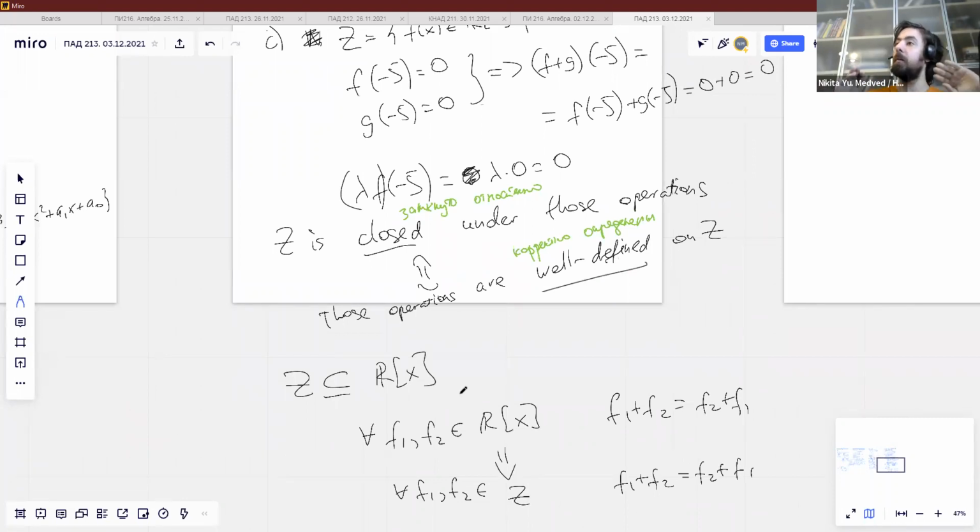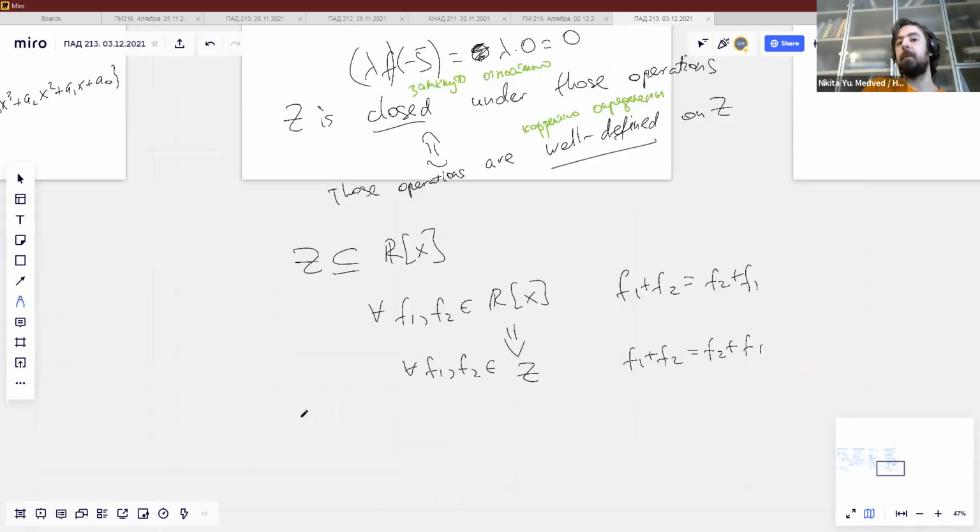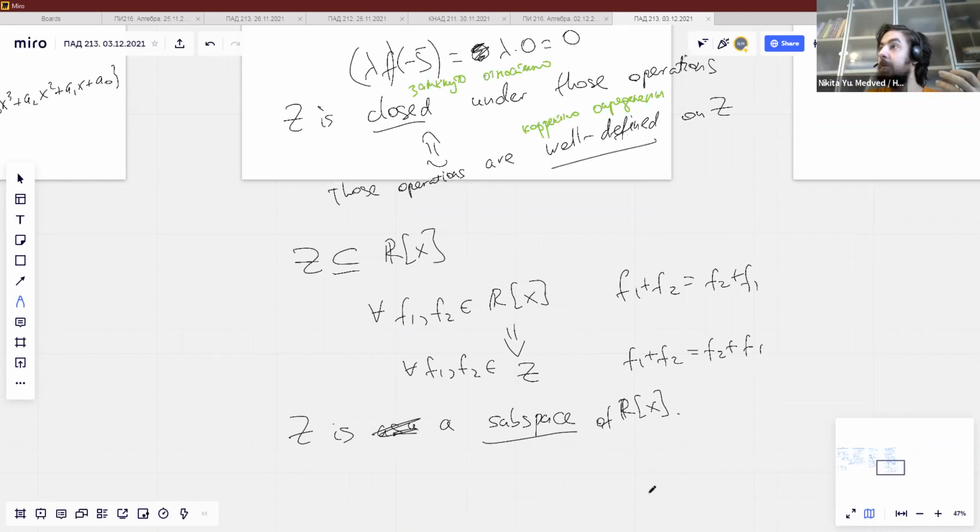All of them are automatically satisfied. And in such a situation, Z is called a subspace of the bigger space, a subspace of R of X in this case. So a subspace, again, is a subset that is a vector space itself, a good subset.